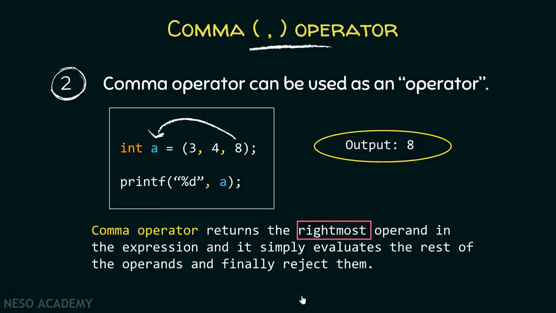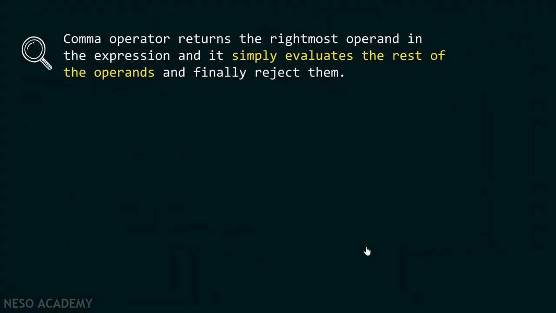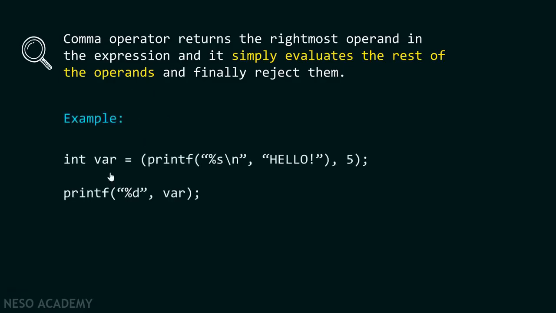Okay? Now let's consider the definition of comma operator once again. Why I am reconsidering this definition, you will see in a moment. First of all, I want you to focus on this line. It simply evaluates the rest of the operands. Now let's consider one example. Here I declared a variable and assigned it an expression with a comma operator and two operands. One is printf and the other one is a value. You might think that comma operator simply rejects this statement and 5 will be returned to this variable.